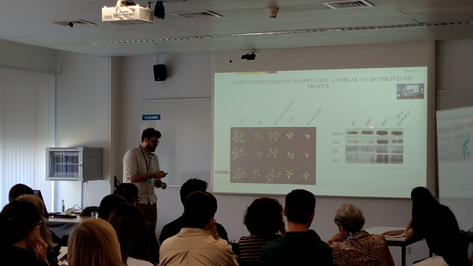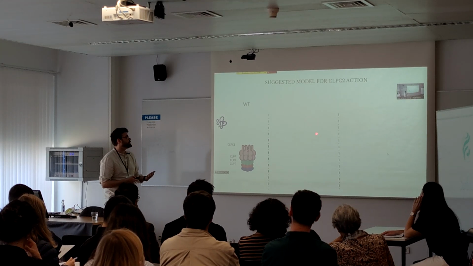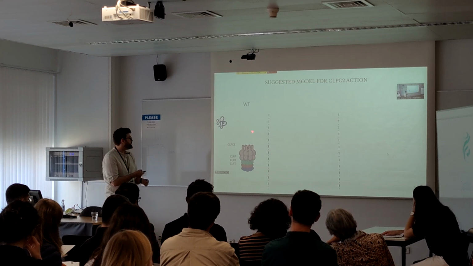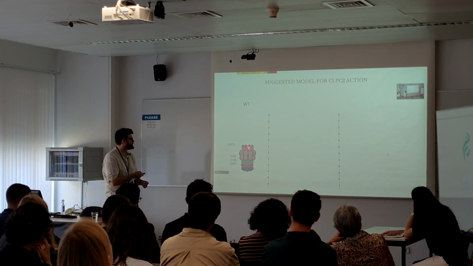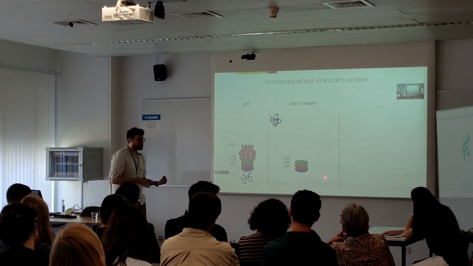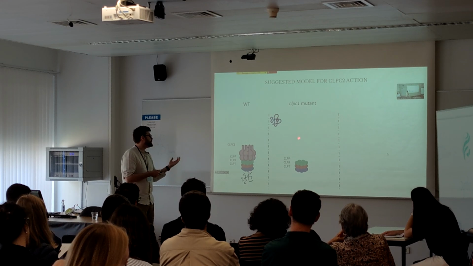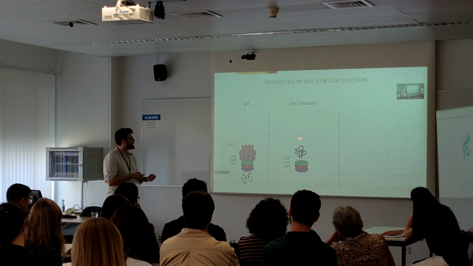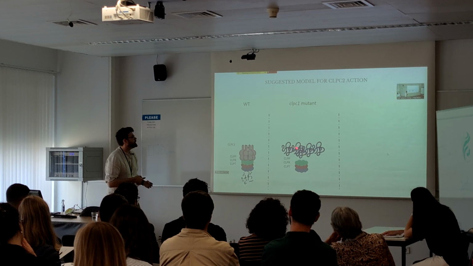With the overall data, we suggest a model of action of CLPC2. In wild type plants in normal conditions, CLPC1 recognizes the clients of CLPC1, which are processed by the protease core. In the CLPC1 mutant, this CLPC1 ring doesn't exist, so the proteins that are clients of CLPC1 overaccumulate in the chloroplast.